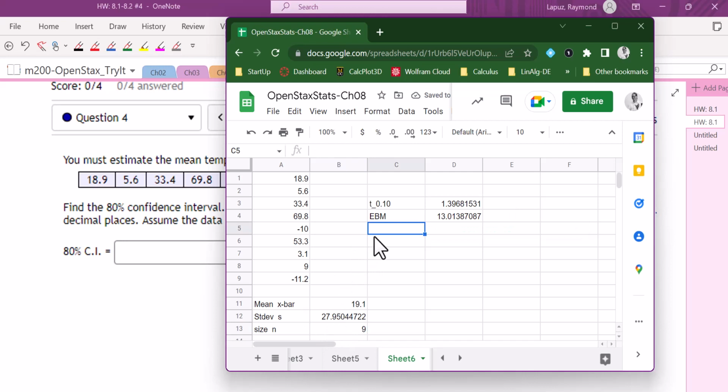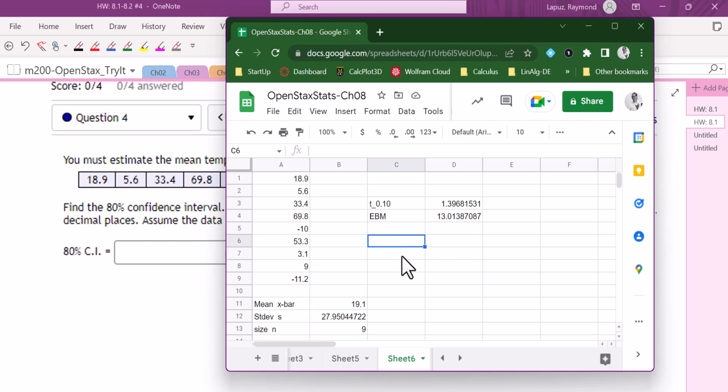So we have a rather large error bound for the mean here of 13. And like I said, our standard deviation was large to begin with because we range from values from negative 11.2 to a high of 69.8. And we only have 9 numbers, so this data is really spread out.